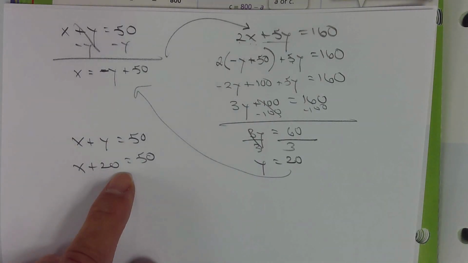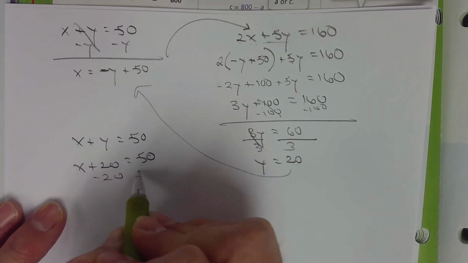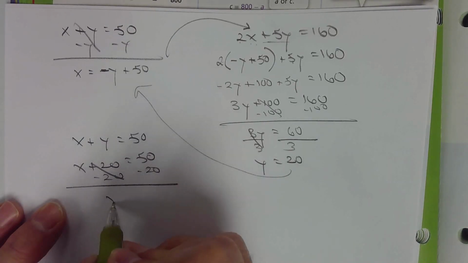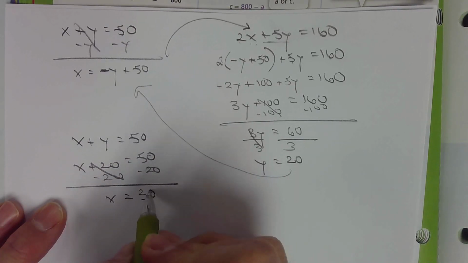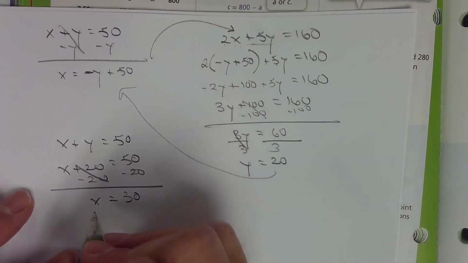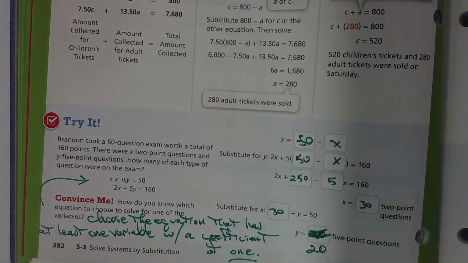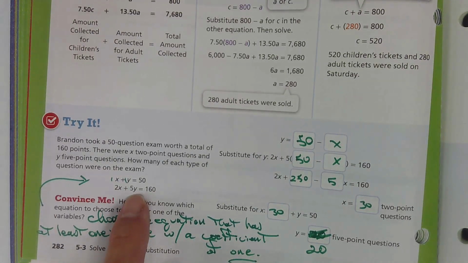Now, that's a real simple equation you guys were doing last year. And I want to find out what x is. I'm going to subtract 20, subtract 20. X equals what? 30. So x is 30, y equals 20. That's the try it right there.